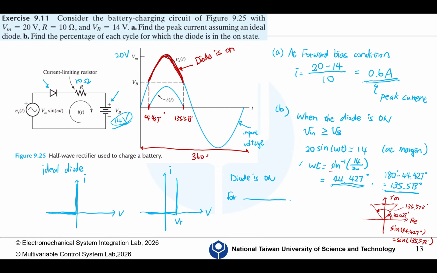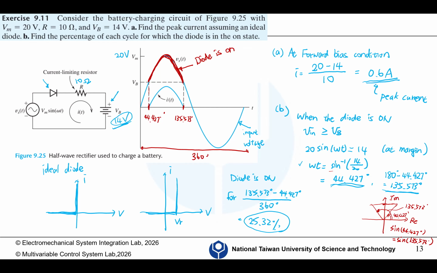The total period is 360 degrees, and when the diode is on, it takes 135.573 degrees minus 44.427 degrees, divided by 360, which is 25.32%.